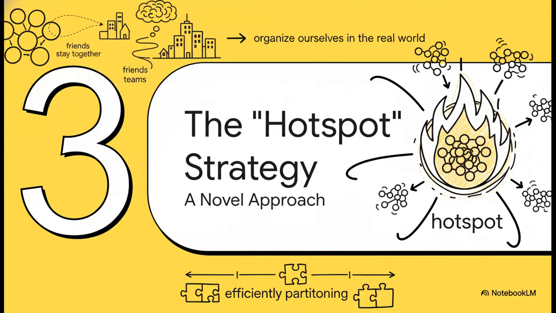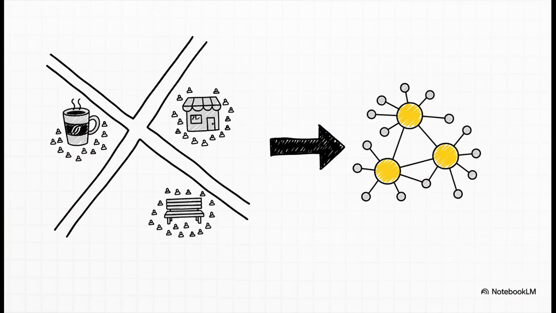So balancing team size while keeping friends together is a tough problem, but a recent paper proposes a really clever solution, and it's inspired by how we organize ourselves in the real world. The algorithm is called GraphP, and it takes a surprisingly intuitive approach. Instead of starting randomly, it actually looks for the natural gathering places within the data, kind of like how people gather in real life.